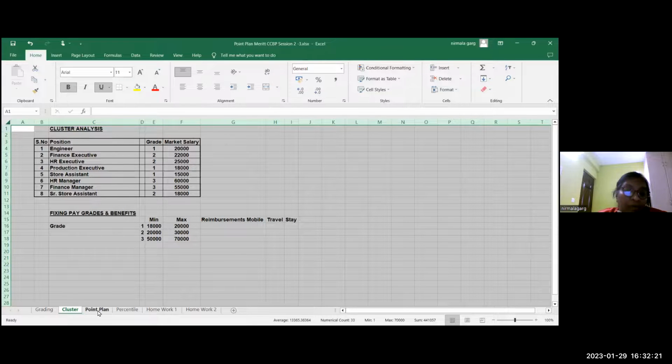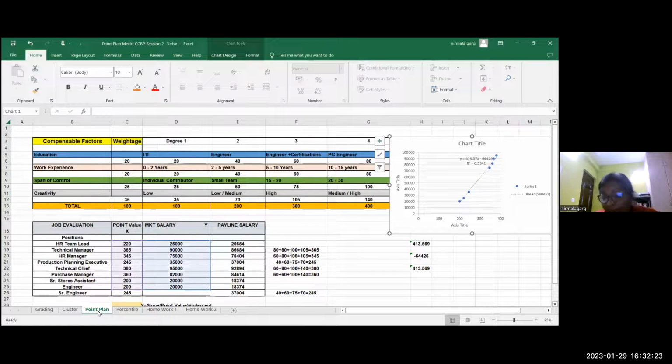Now, the most interesting job evaluation technique is called point plan. I don't know how many of you have heard of it. Of course, some of you are talking about point plans, so I'm sure you've heard of it. Job grading was a qualitative method, while point plan is a quantitative method. You are assigning points. For example, if I'm saying HR manager 400 points, that means it has a quantification number.